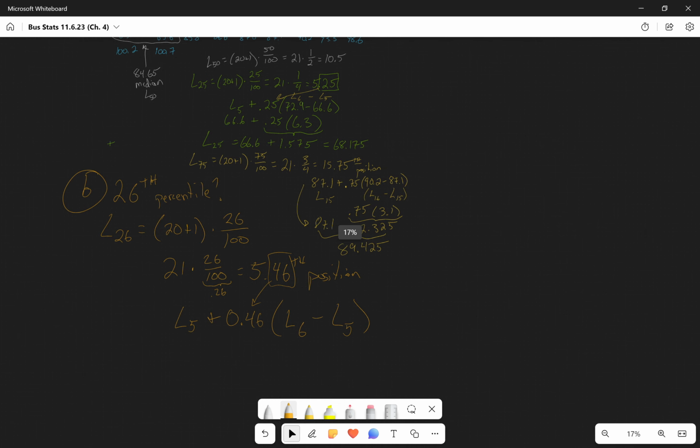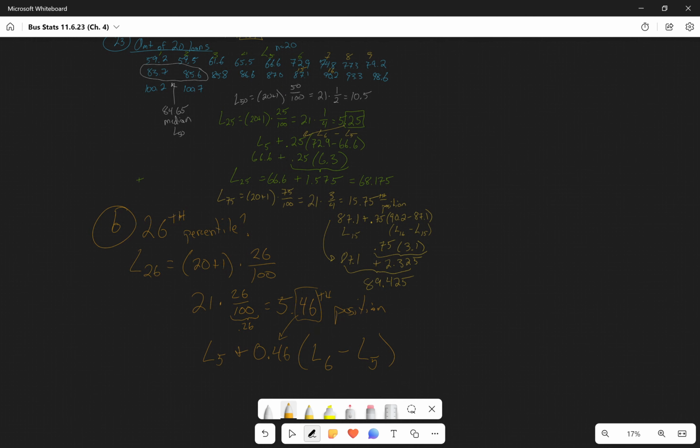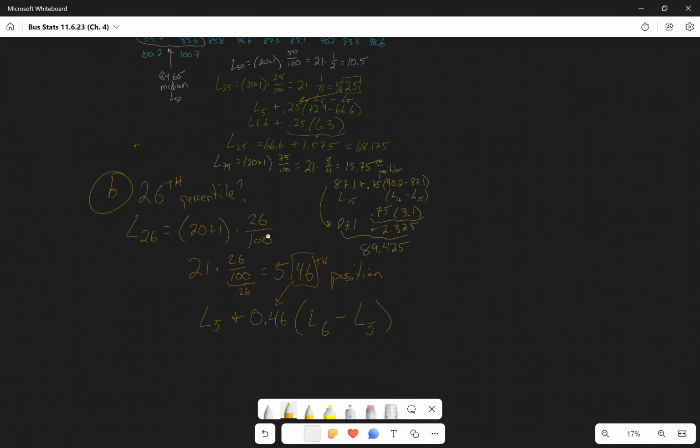So similarly to what we did to get the 25th percentile, we ended up with a 5.25, so now we got 5.46. So we can use those same values, which is nice, right? We have L5 up here, we have L5 down here, we have L6 right here, we have L6 right here, okay? So the only thing that's different between the lower quartile and the 26th percentile is the fact that this decimal is different. Everything else stays the same.